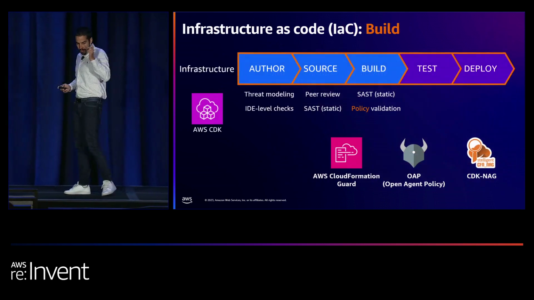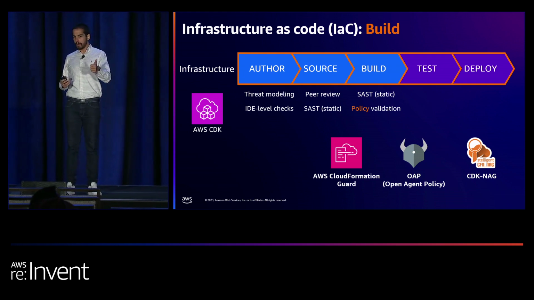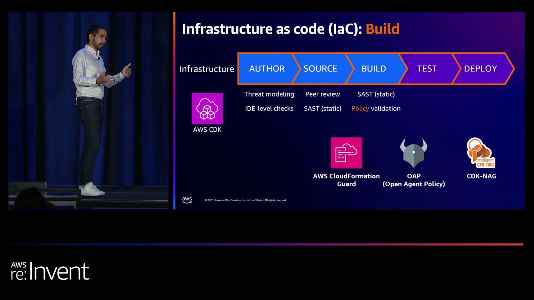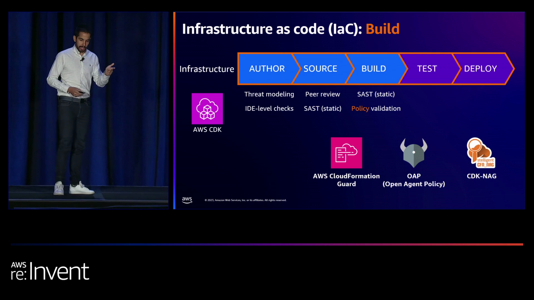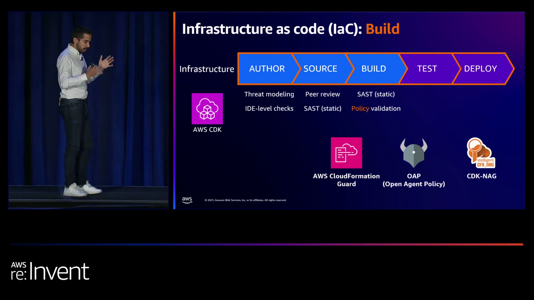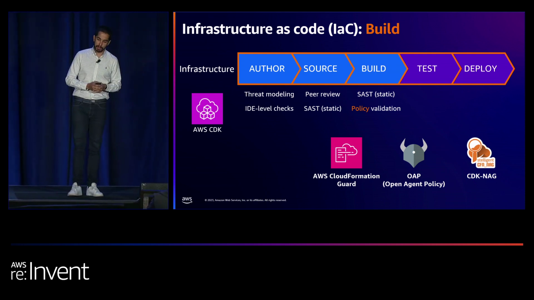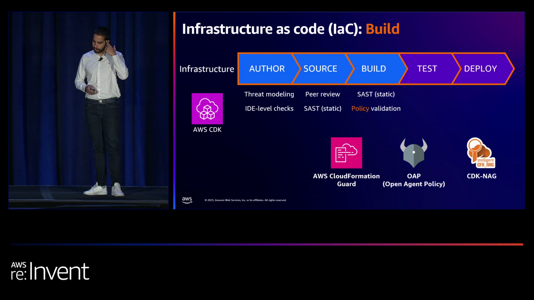Very powerful. The rest of them are similar in that you define a policy, and then during deployment time, you run a validation against the policy, right? You're shifting left the checking of these security issues for infrastructure as early as possible into the deployment lifecycle.